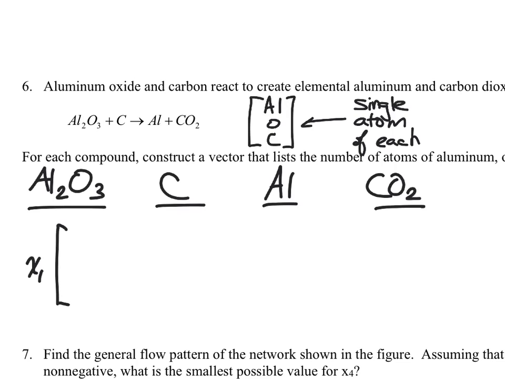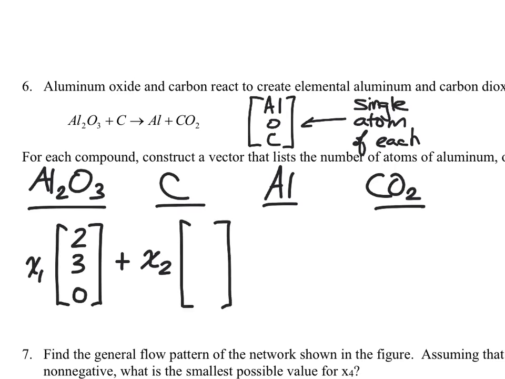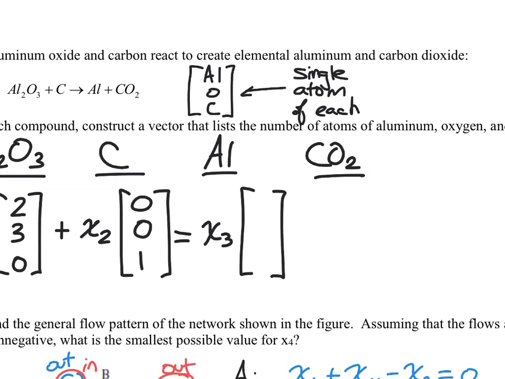I do know that I have 2 atoms of aluminum, 3 atoms of oxygen, and no carbon. For the second one, the only thing I have is carbon, which means I don't have any aluminum or oxygen, but I do have the carbon. If it's going to be balanced, then the weights for the other 2 would have to balance this out.